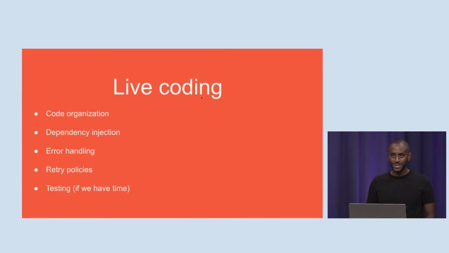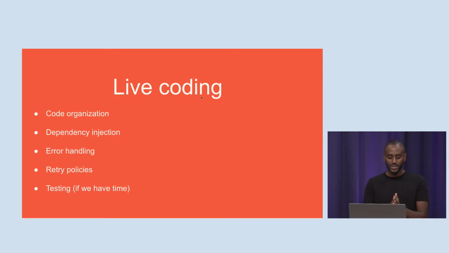All right, so enough of the conversation here. I think we should go ahead and do some live coding to showcase how ZIO works in real life. And while we're at it, we're going to take a look at some of these different bullet points.